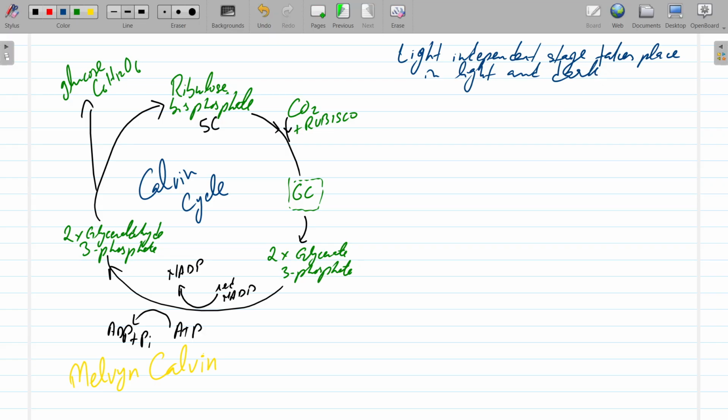The only thing is that it relies on the input of reduced NADP and ATP that is coming from the light dependent stage.